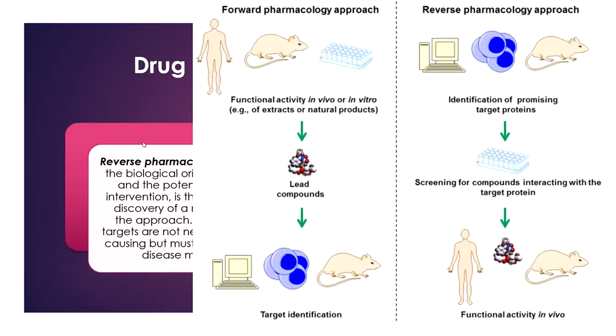And one thing you will be surprised to know is that there are some drugs in the market for which the target is not known. We don't know how that drug is actually helping us recover, but we use it. Do you know the name of that drug? So repeat the question.